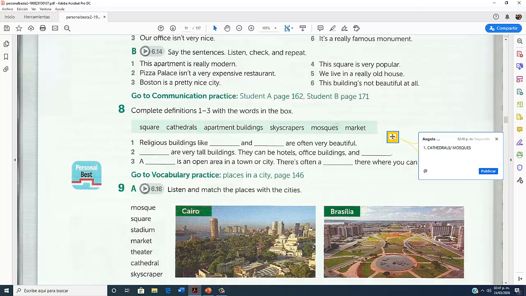Number 2. Skyscrapers are very tall buildings. They can be hotels, office buildings, and apartment buildings.